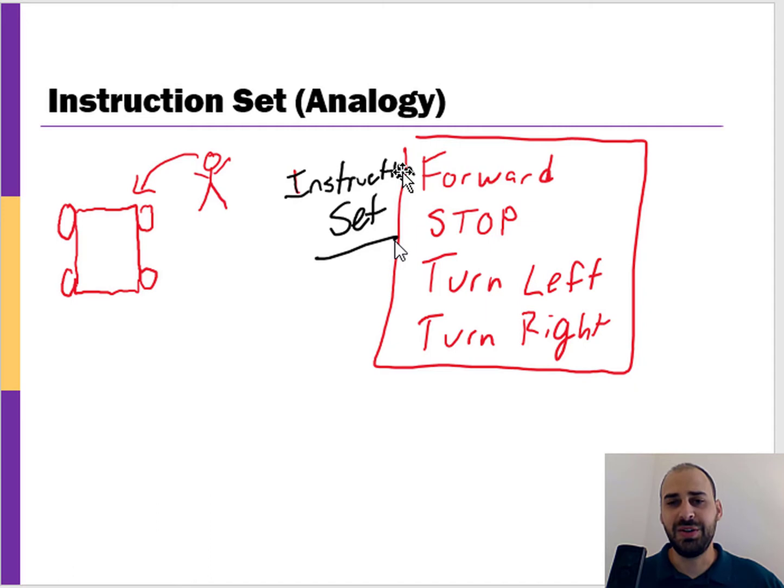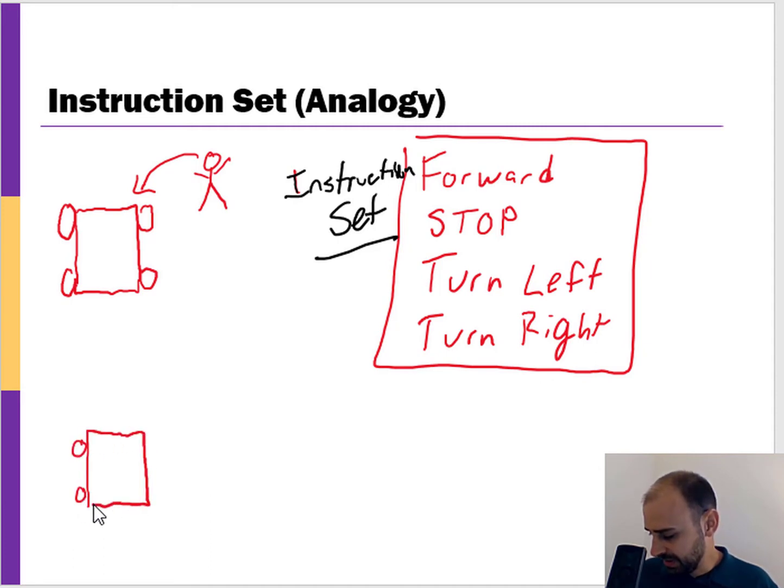Now, even though that's our instruction set, we might find it useful to have some additional things that the car can do. Maybe, just hypothetically, we want the car to be able to do a U-turn, such that the car does something like this. More precisely, the U-turn might be: it's going forward, it turns right, it turns right again, and now it's heading in the other direction.